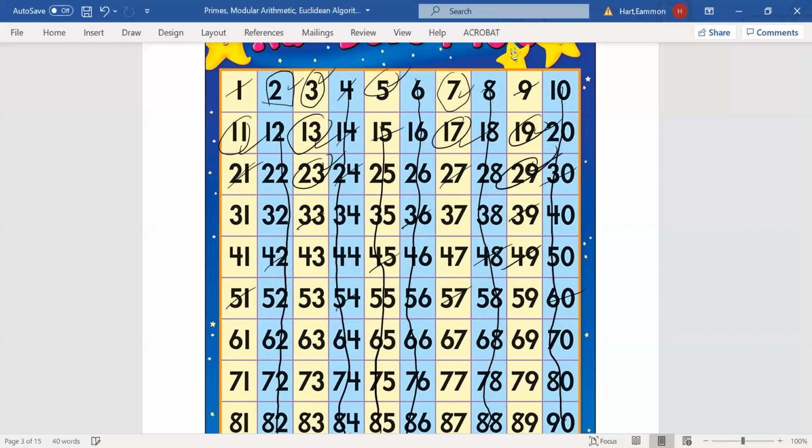So rather than waste your time, I'm just going to circle all of these primes. That is the simplest algorithm for finding and listing primes.